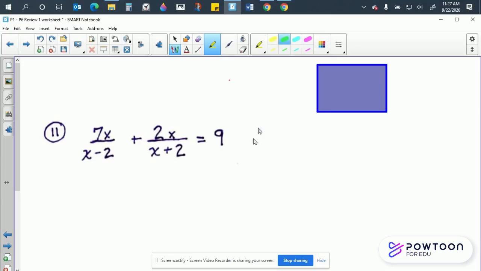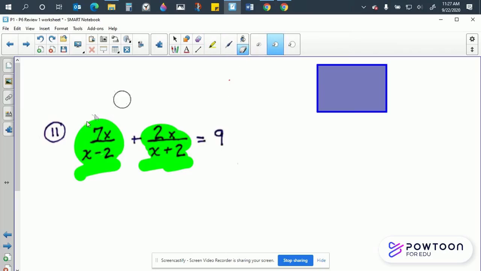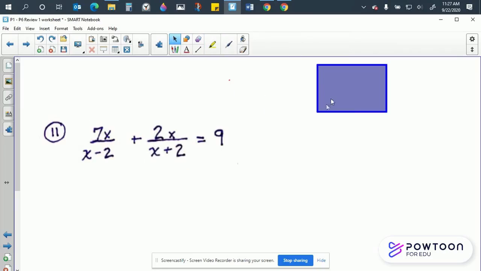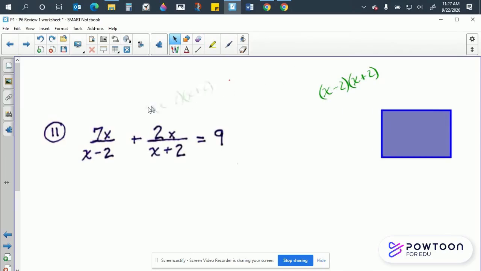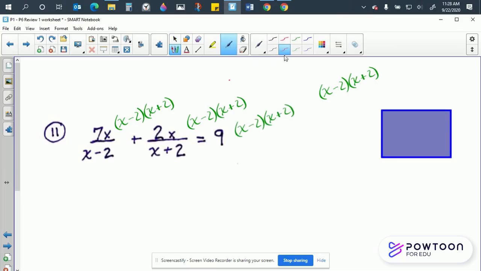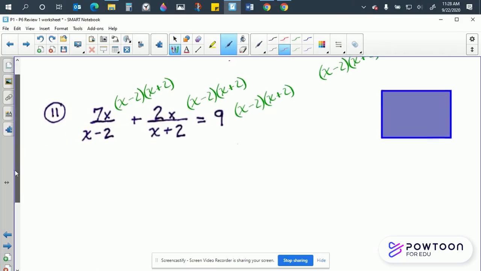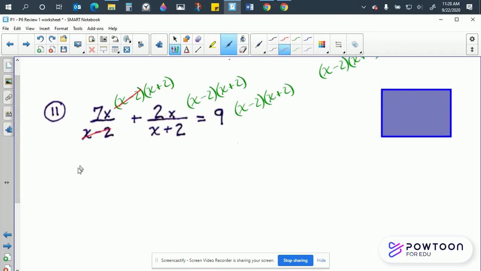Okay, to solve this problem, we need to find the common denominator between this fraction and this one. So our common denominator is going to be x minus 2 times x plus 2. Now we need to take each one of those fractions and multiply it by x minus 2 times x plus 2. So this first one, those x minus 2's will cancel. So we're left with 7x squared plus 14x. And x plus 2's cancel.